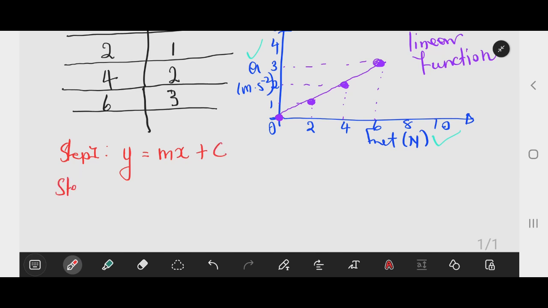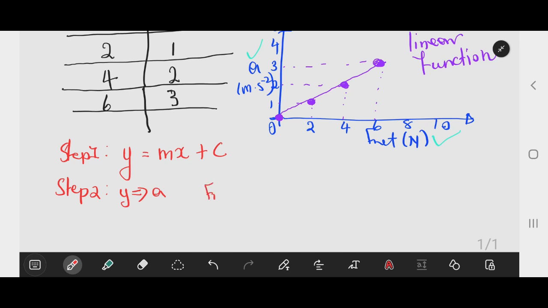And then step number 2, you have to substitute whatever variables you have on your graph into this y equals mx plus c, right? Like for example, on the y-axis, we have acceleration. So instead of y, we substitute that with acceleration, right? And on the x-axis, we have our net force, right?